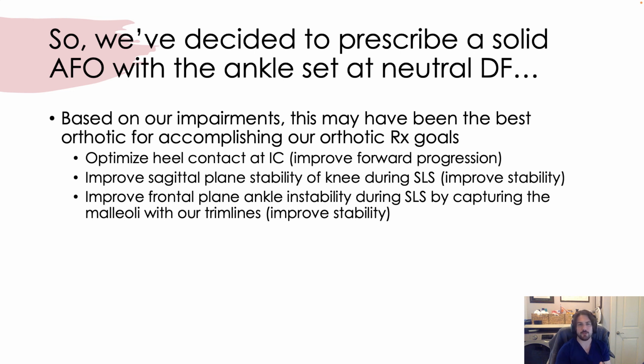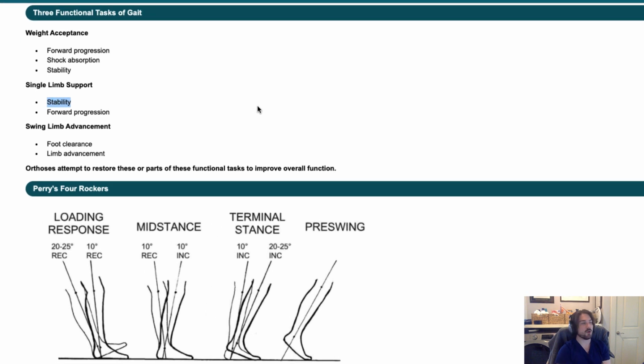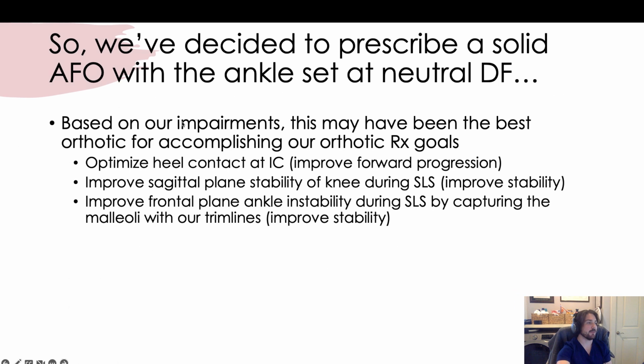So where are we getting all of these orthotic goals? That is from your soft chalk, when we see our three functional tasks of gait here. So when we are prescribing an orthotic, we're always trying to optimize some kind of subtask or some goal within the functional tasks of gait. And so I talked about trying to optimize heel contact at initial contact.